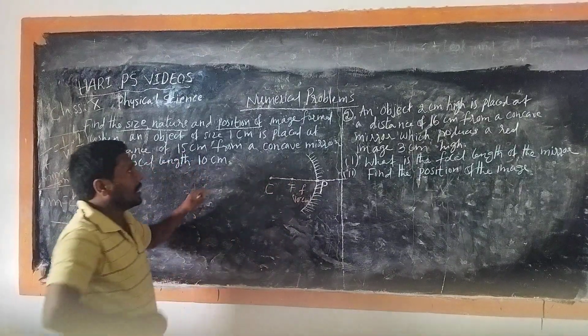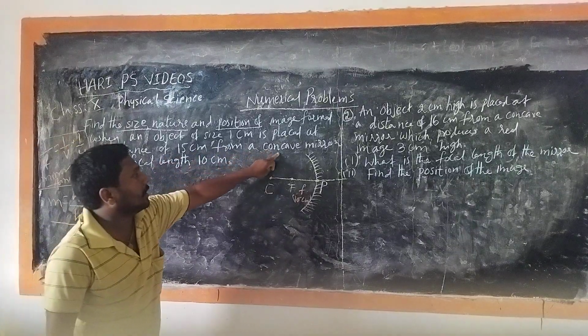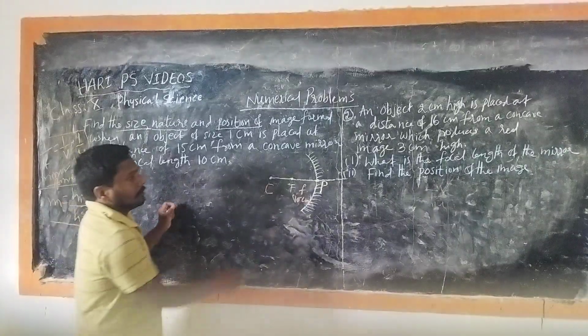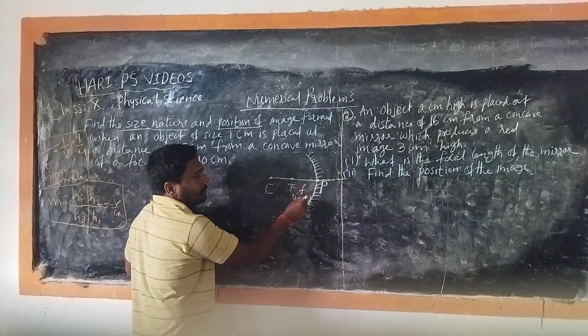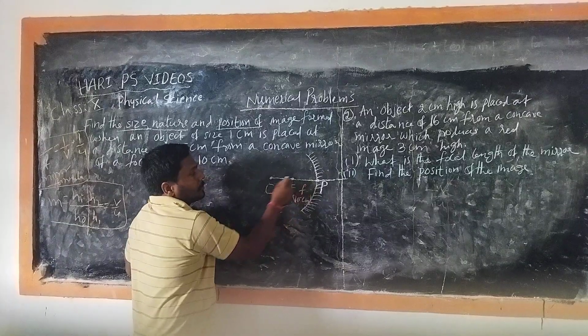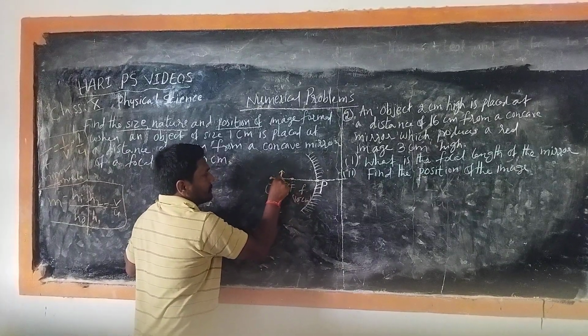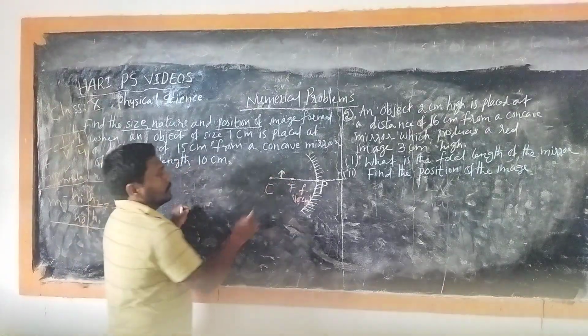So at which place is the object placed? 15 centimeter from a concave mirror. From here to here, focal length 10 centimeters. So at 15 centimeters, here the object is placed.